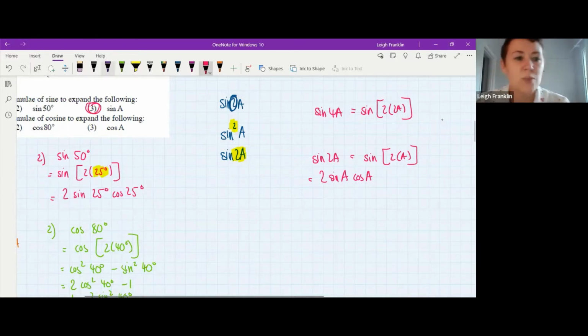That's why I kept saying, be careful, this is your angle. Here your angle is 2A, so that's why you would write this as 2 sine 2A cos 2A. Does that make sense?